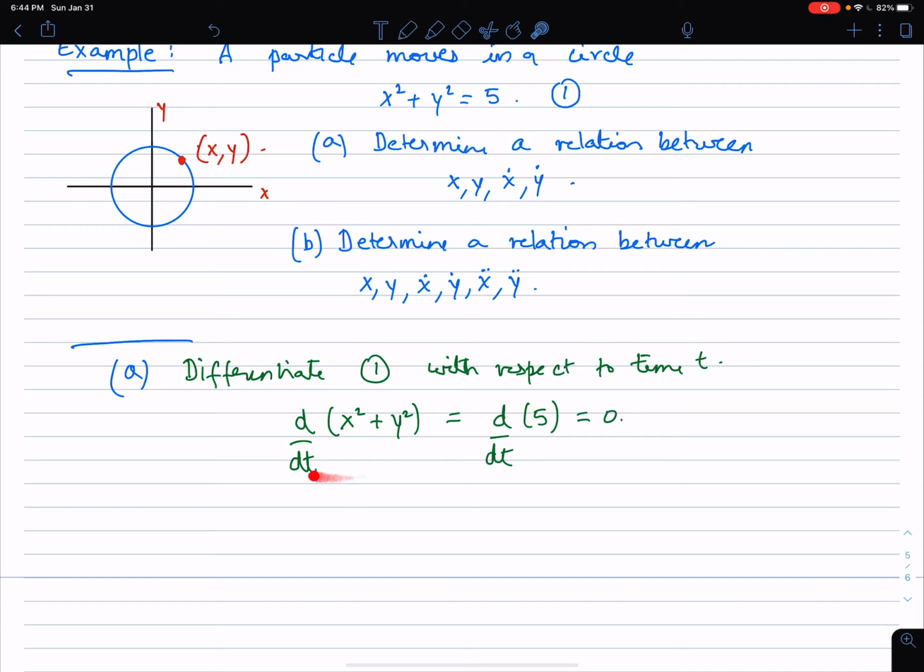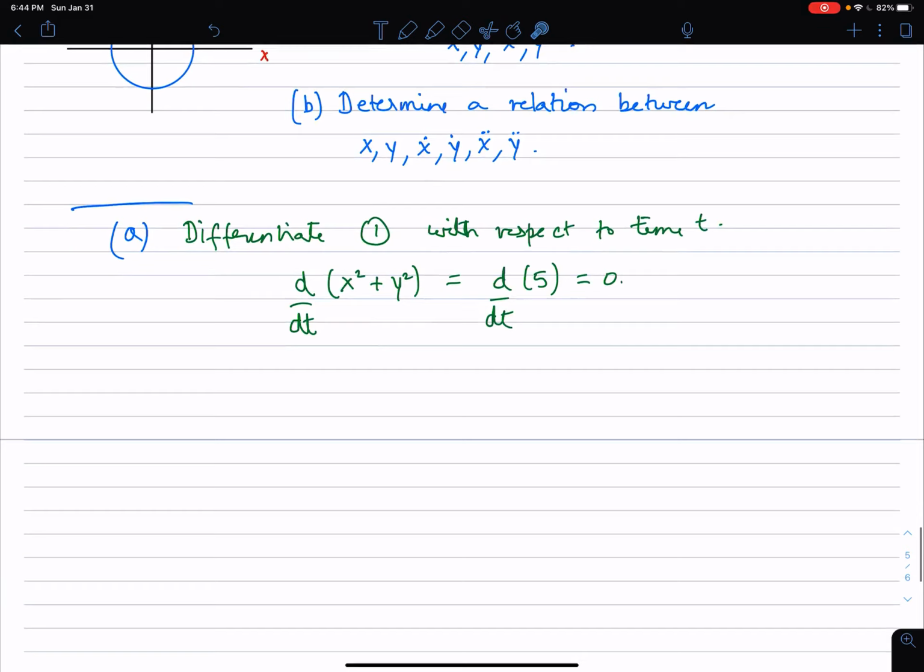Because d by dt of a constant is 0. Now what is d by dt of x squared plus y squared? Well, x is different from t, it's a different variable. Similarly, y is a different variable.